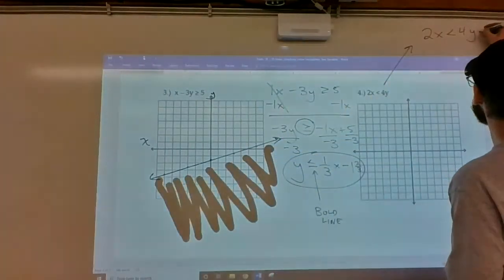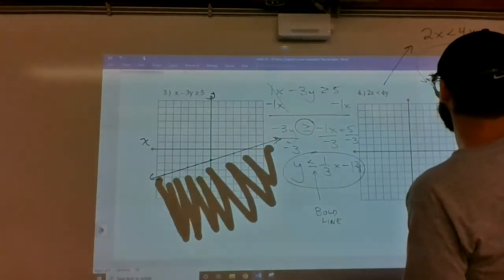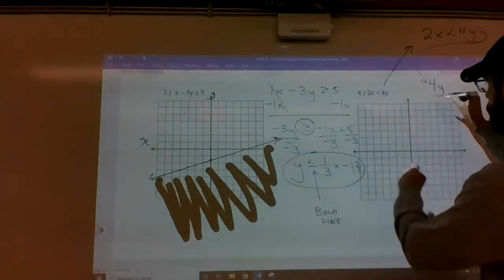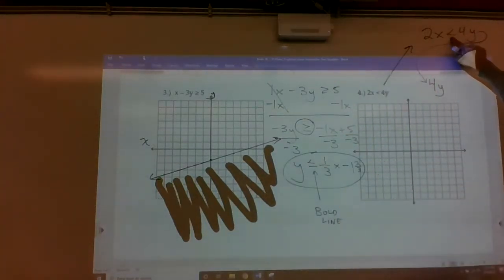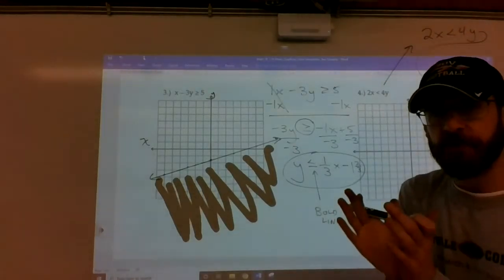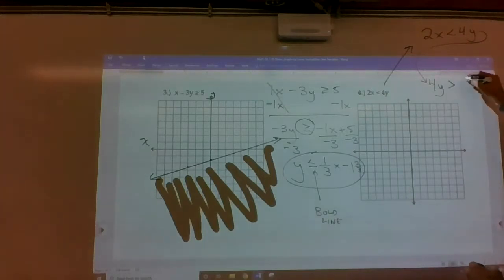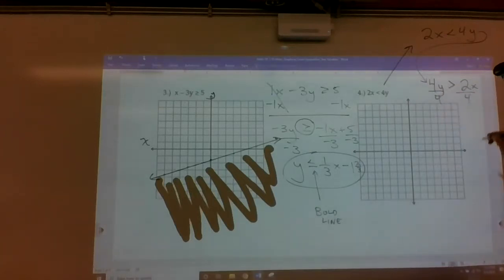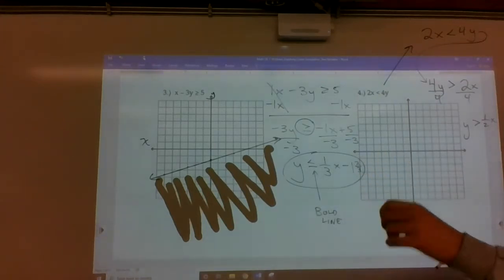So if I rewrite this, watch what happens here. The 4y, if it shows up on the left now, I switched from less than to now greater than. It's all from 4y's perspective. And now I just divide by 4. So this is y is greater than 1/2 x. Remember to put the plus 0.